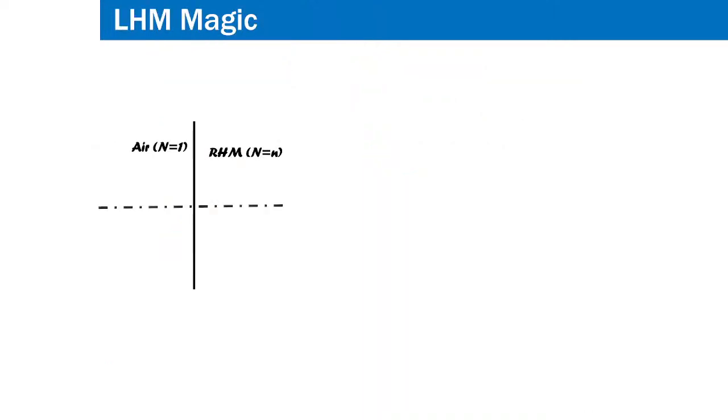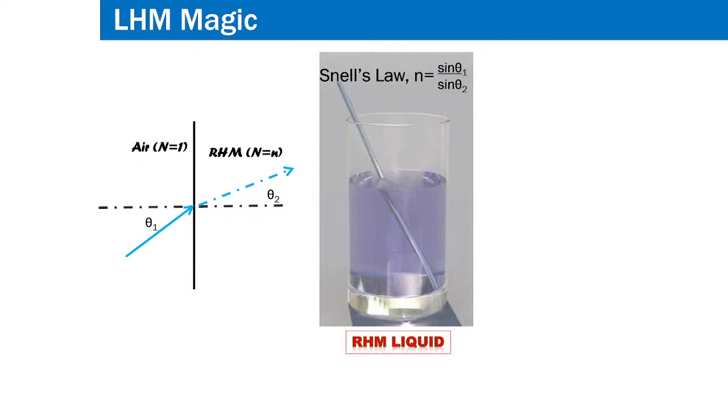Now let us look at the magic that happens when we use the left-handed medium. Here you see on the left-hand side we have air, for which n is equal to 1. On the right-hand side we have any medium for which n is equal to small n, which is a right-handed medium. If we incident a wave at angle theta 1, it will be refracted, giving us an angle theta 2.